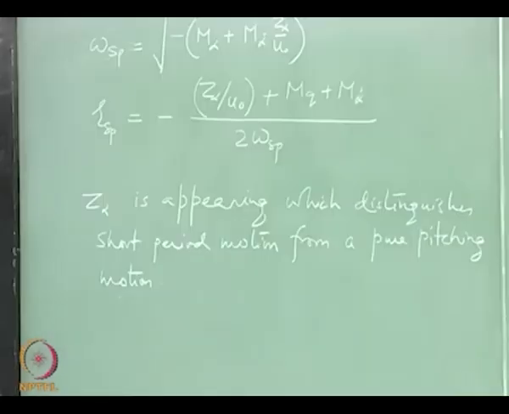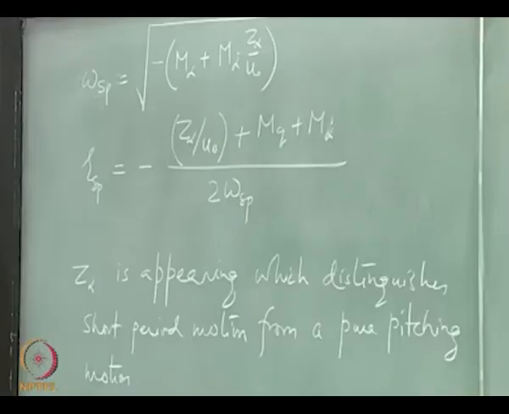So, there are other models, new models for short period and phugoid motion, where the phugoid is seen as an ensuing motion when the short period ends.